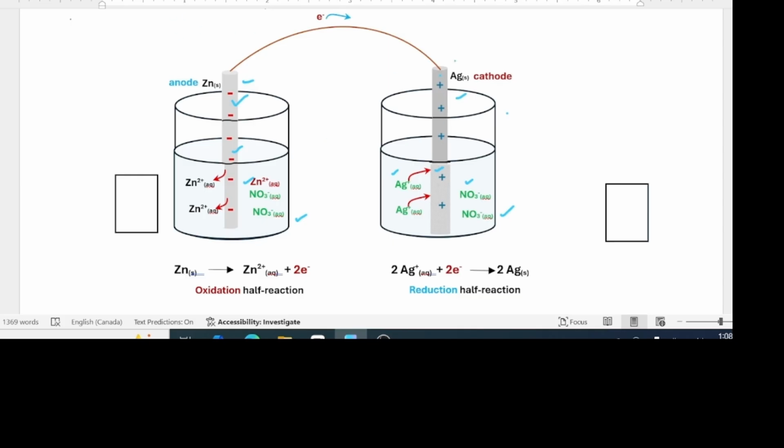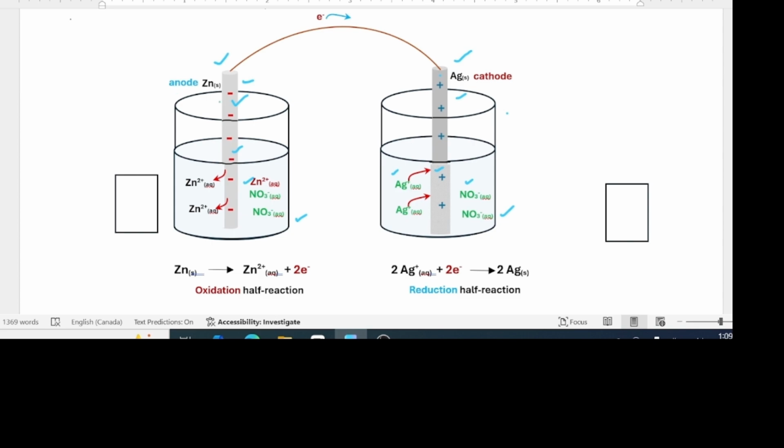Because this electrode is now positively charged and this one is negatively charged, a potential difference is created between them, as a result of which, when a copper wire is placed between the two of them, electrons flow from the zinc rod into the silver rod.